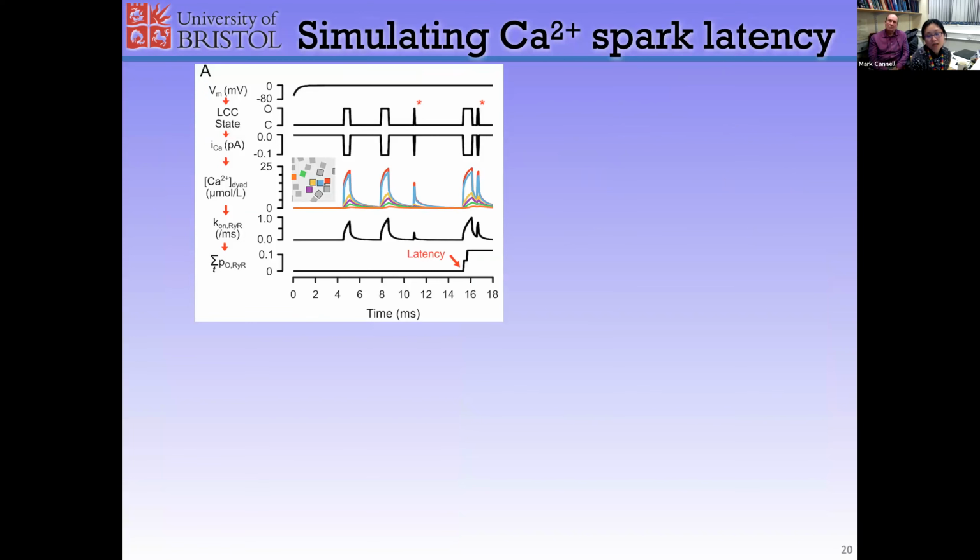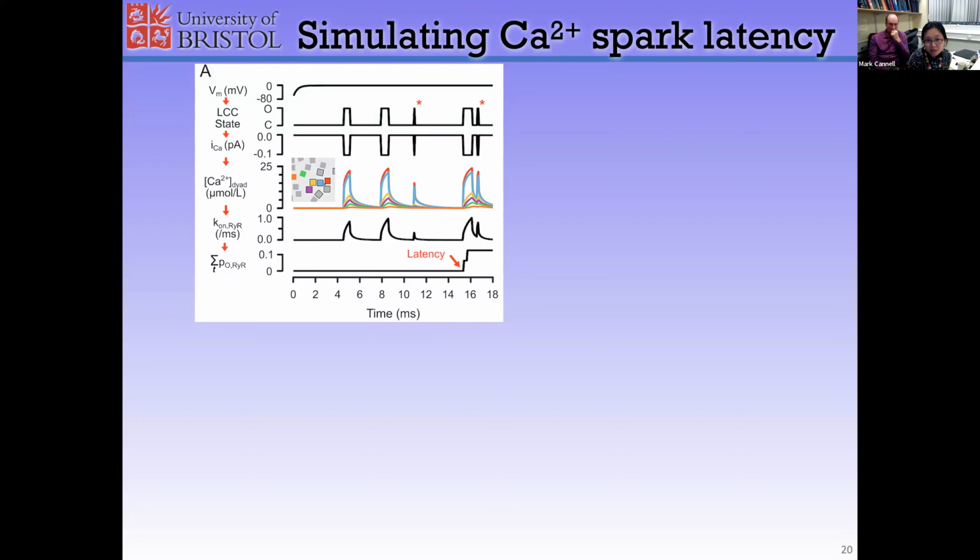So this figure shows how the model works. So this is simulating the situation where the cell is being depolarized to 0 millivolts. And the top trace shows the membrane potential, also showing that the model takes into account clamp speed.